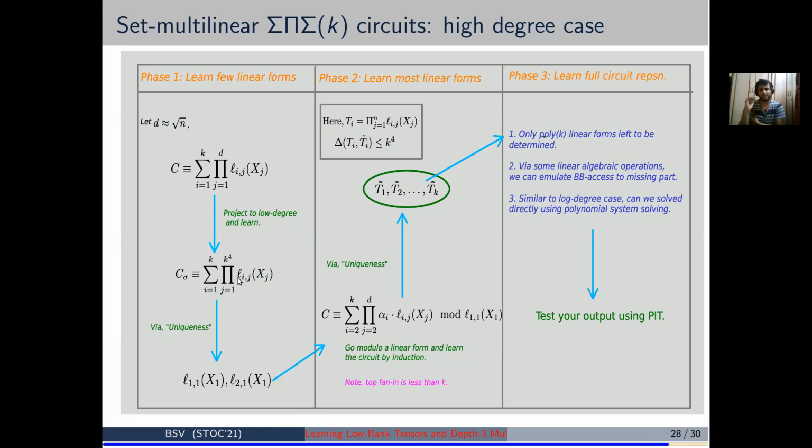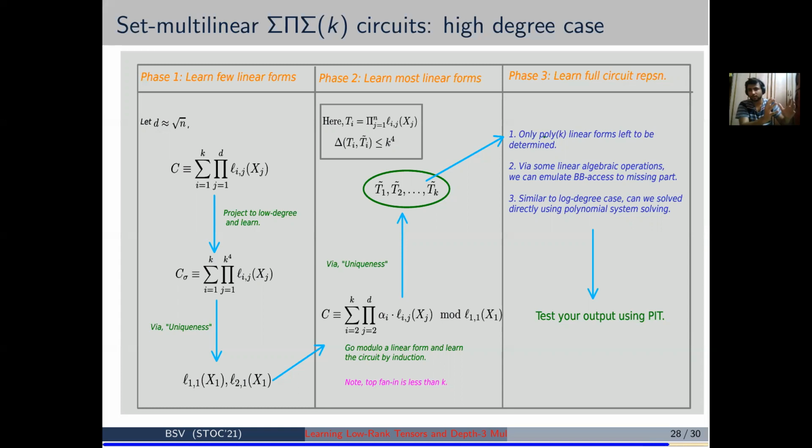If D is sufficiently above the rank, that is, if D is greater than something like k to the 4, then you can ensure via uniqueness that you will learn at least two linear forms coming from a particular partition. That is, you will learn, let's say, L11 and L21, the linear forms which depend on X1.